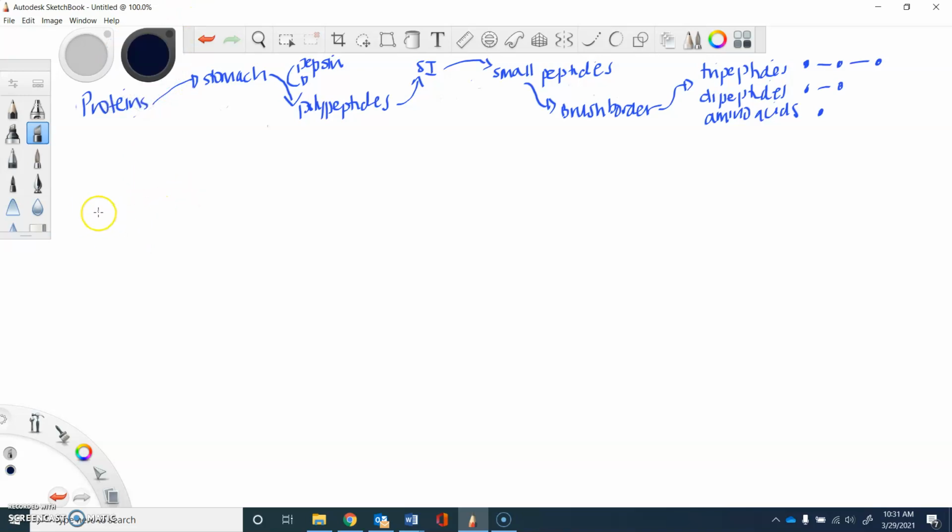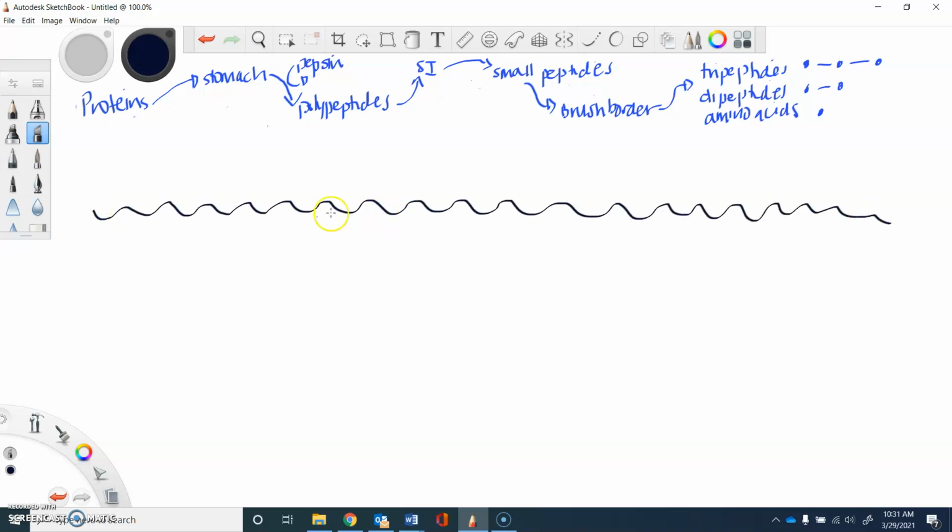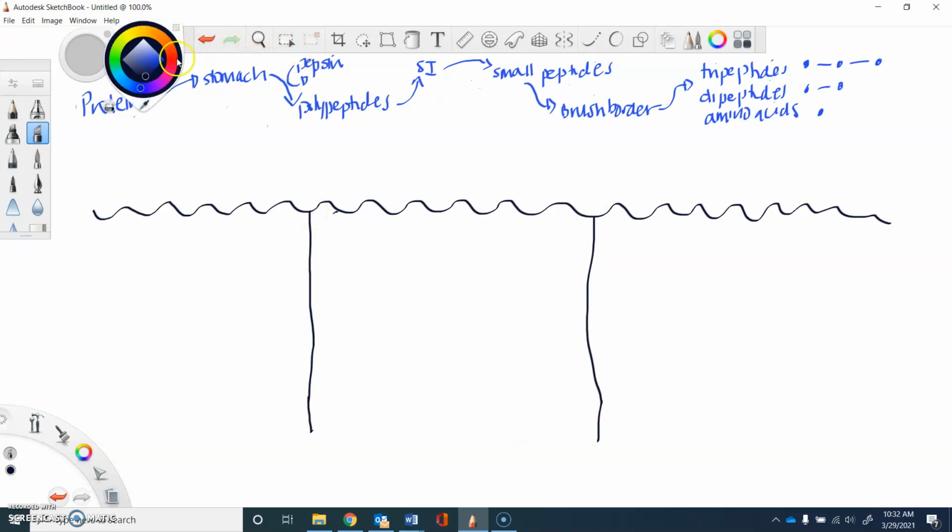So if we have our small intestine cell, this is where we're going to start here. So let's make our little cell here. Make it kind of big down here. Let's put a blood supply. Must have some place for it to enter the bloodstream, right?